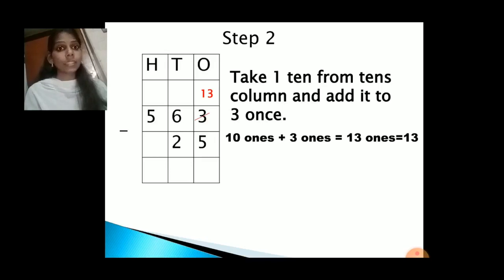Now 13 is bigger than 5. Now we can subtract, right? So we will subtract 13 minus 5. Now you show me 13 fingers. Is it possible? No, because we don't have 13 fingers. So in this condition, we will start counting from 5 till 13.